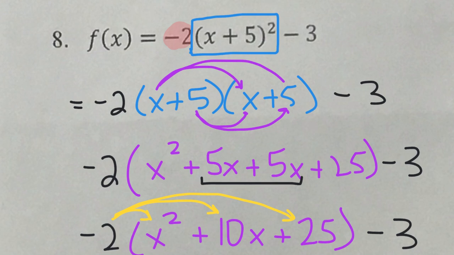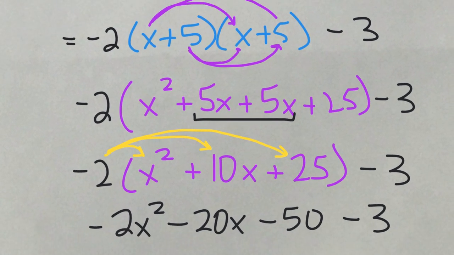So -2x squared. And then a minus 20x, because -2 times +10 is -20. And then a minus 50, -2 times 25 is -50. And then lastly, we have this -3 still hanging out there at the end, which means we have one more set of like terms.